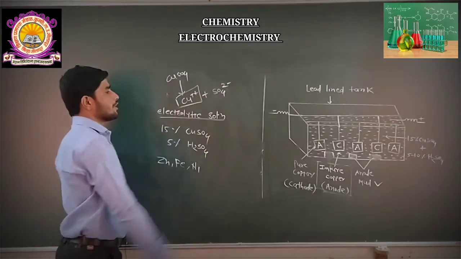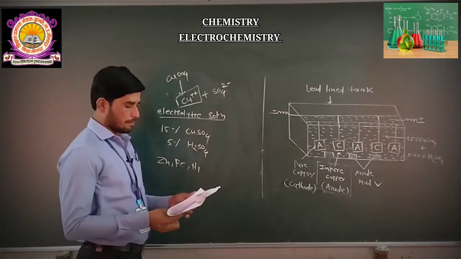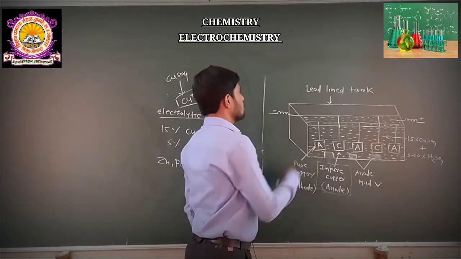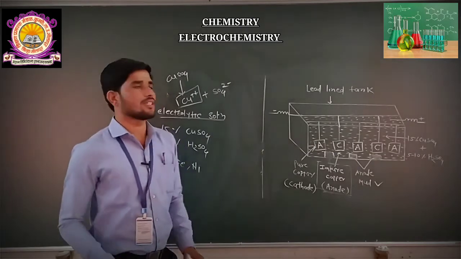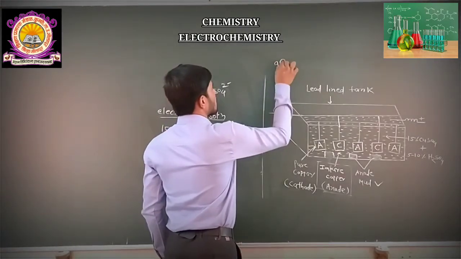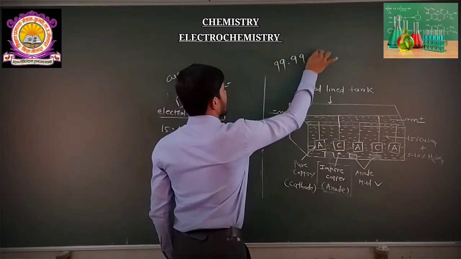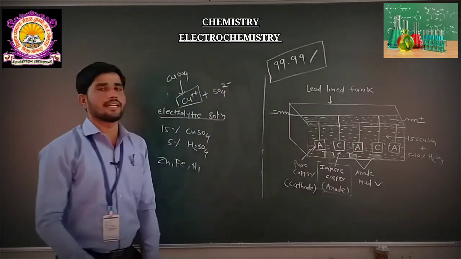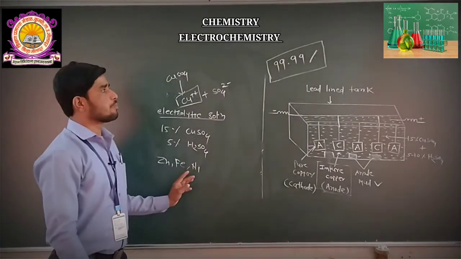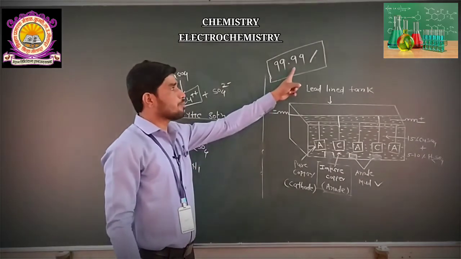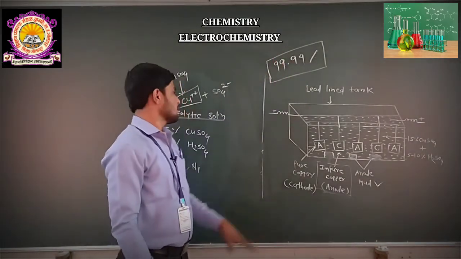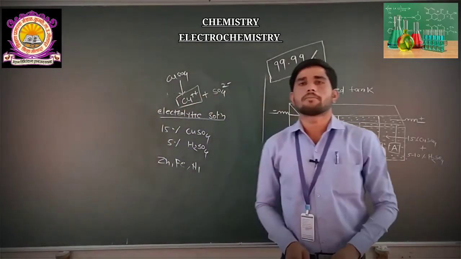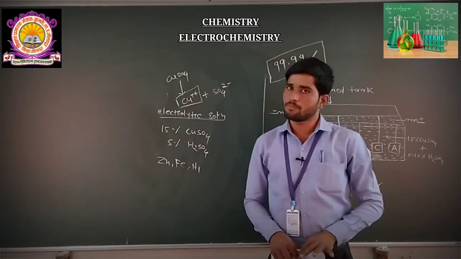These ions get dissociated, and finally we obtain copper in pure form on the cathode plate. By all this process we obtain copper about 99.99% pure. This is the very good advantage of electro-refining of blister copper, because we obtain 99.99% pure copper, so we obtain metal in pure form.